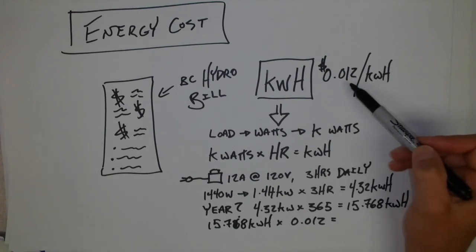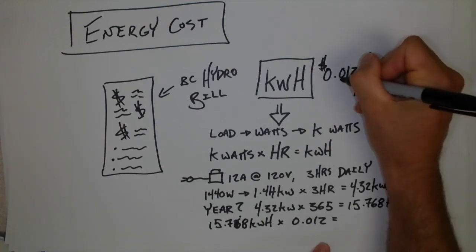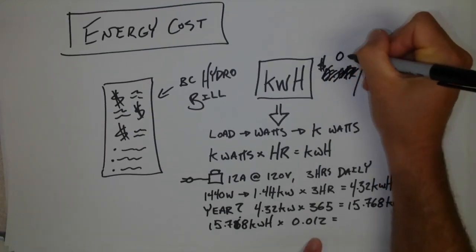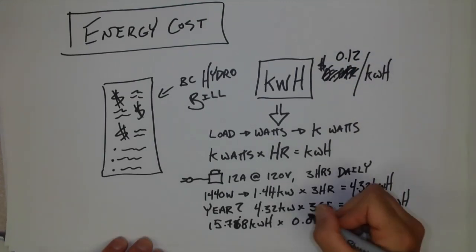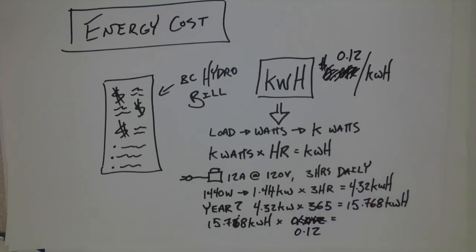Oops, that decimal's in the wrong place, isn't it? That's 1.2 cents per kilowatt hour. My apologies. Let's correct that, shall we? 0.12. There we go. So 15.768 times 0.12 gives me $1.89.